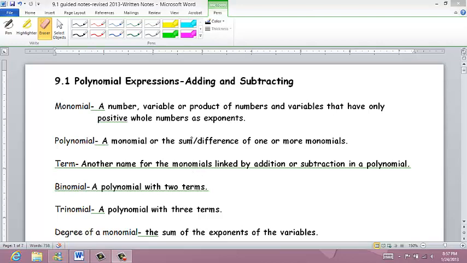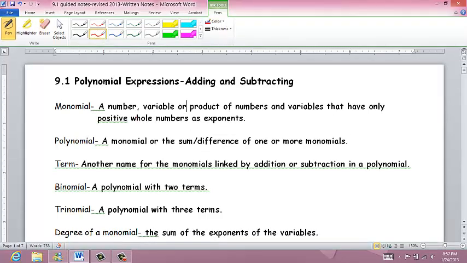This is a number, variable, or product of numbers and variables that have only positive whole numbers as their exponents. Some examples of a monomial would be terms such as -4, x, -4xy, and even say 1/2 x squared y to the third.